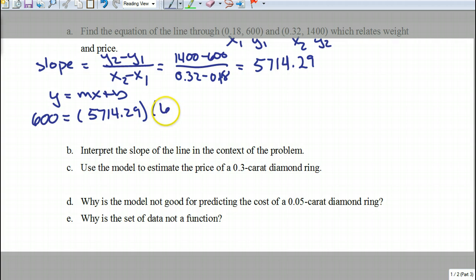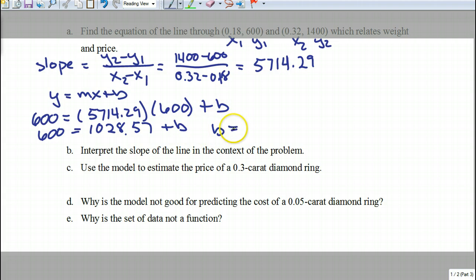For x, I'm going to put 0.18, and I'm going to put plus b, because we need to find out what the intercept of this line is. 5,714.29 times 0.18 is 1,028.57. If we solve for b, by subtracting 1,028.57 from both sides, we find out that b is negative 428.57.